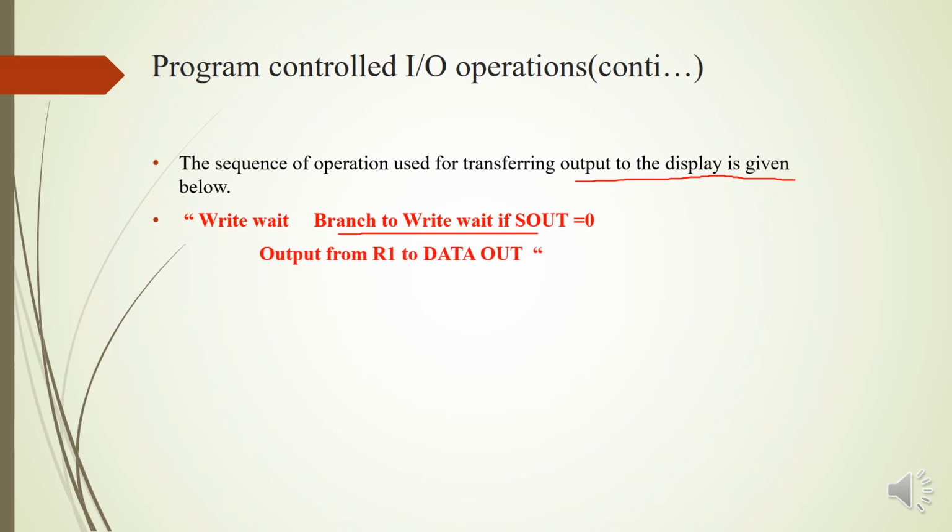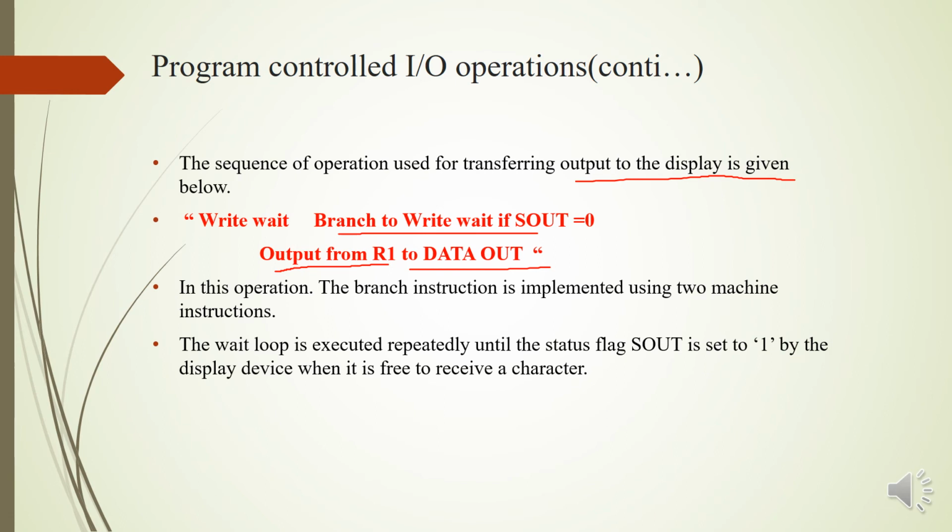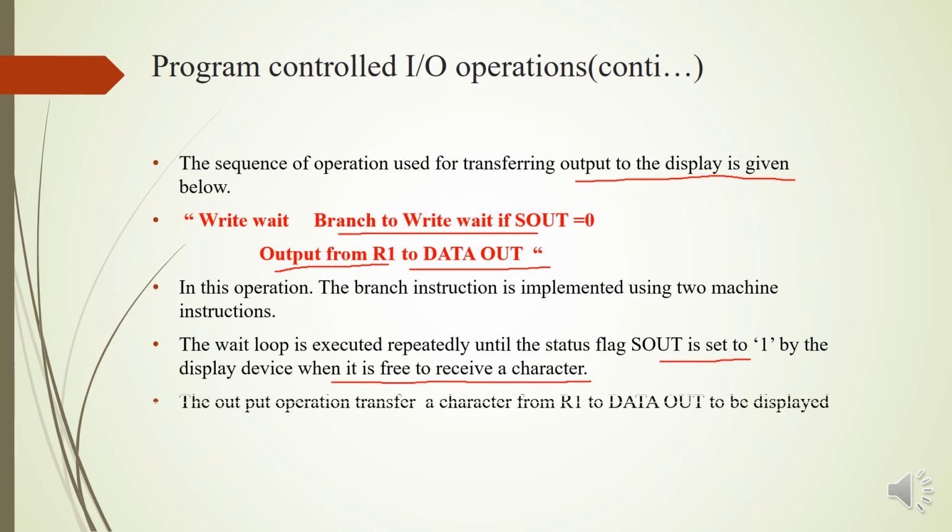When SOUT becomes 1, indicating that the output device is ready to receive the data, then transfer the data from R1, an internal general purpose register, to the data out buffer register of the display device. In this operation, the branch instruction is implemented using 2 machine instructions. The wait loop is executed repeatedly until SOUT is set to 1 by the output device when it is free to receive a character.